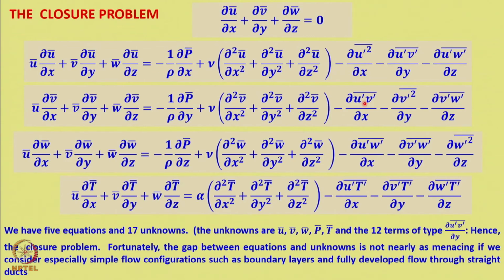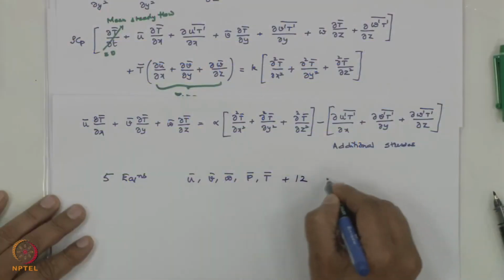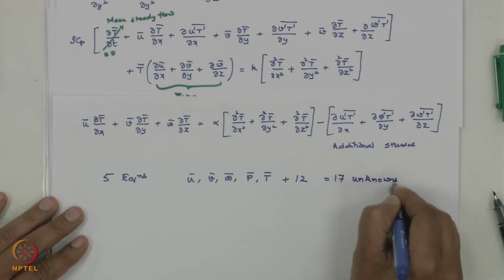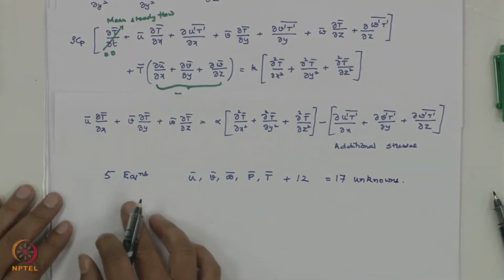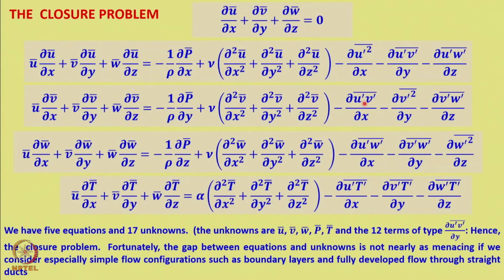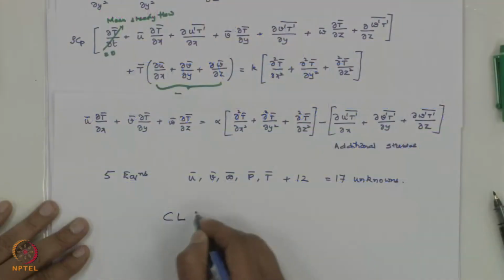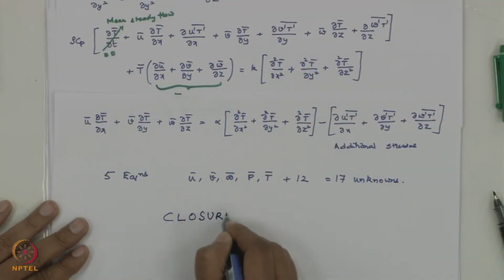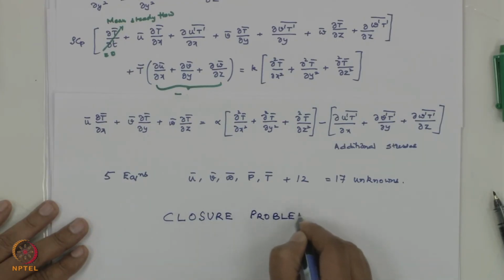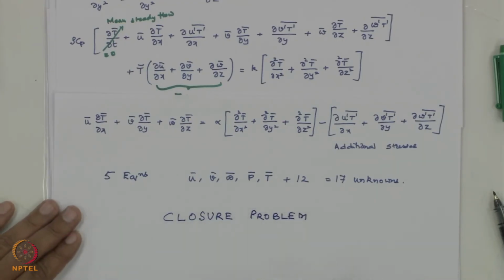So that means 5 plus 12, that is 17 unknowns. How many equations? Only 5 equations. So this is not a closed problem, which is why it is called the closure problem.